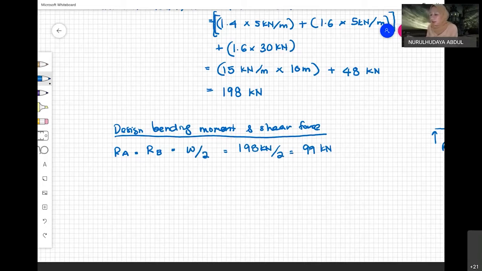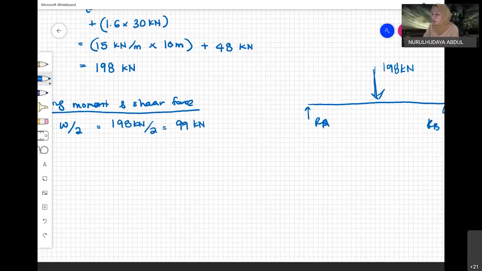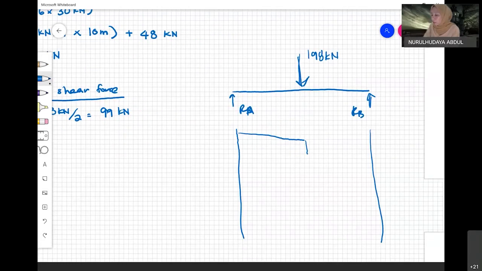Okay. This 99 kilonewton is maximum shear force. Okay. Macam mana I tahu maximum shear force? Sebenarnya kita boleh agak. Tak payah susah-susah nak lukis SFD and BMD pun, you actually can agak sebenarnya. Okay. Kalau you lukis dia akan jadi turun lagi.